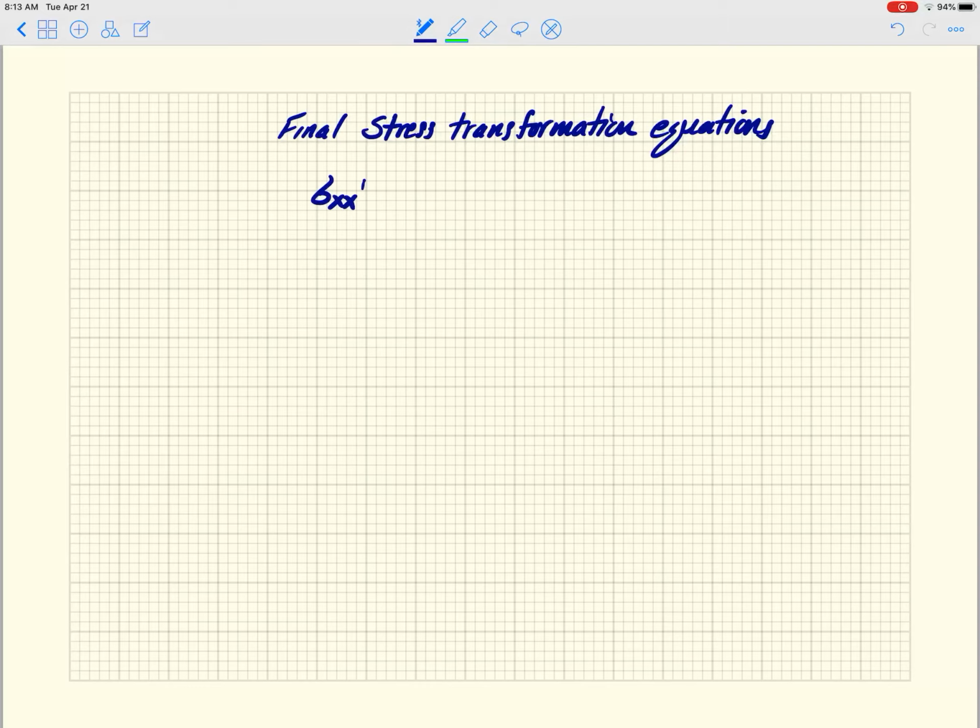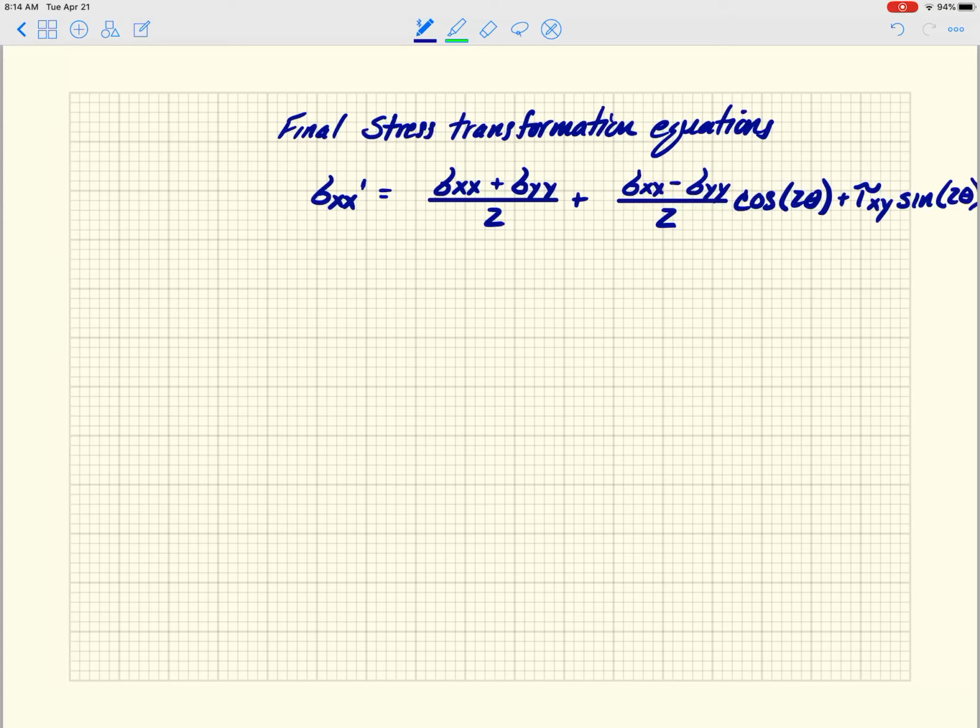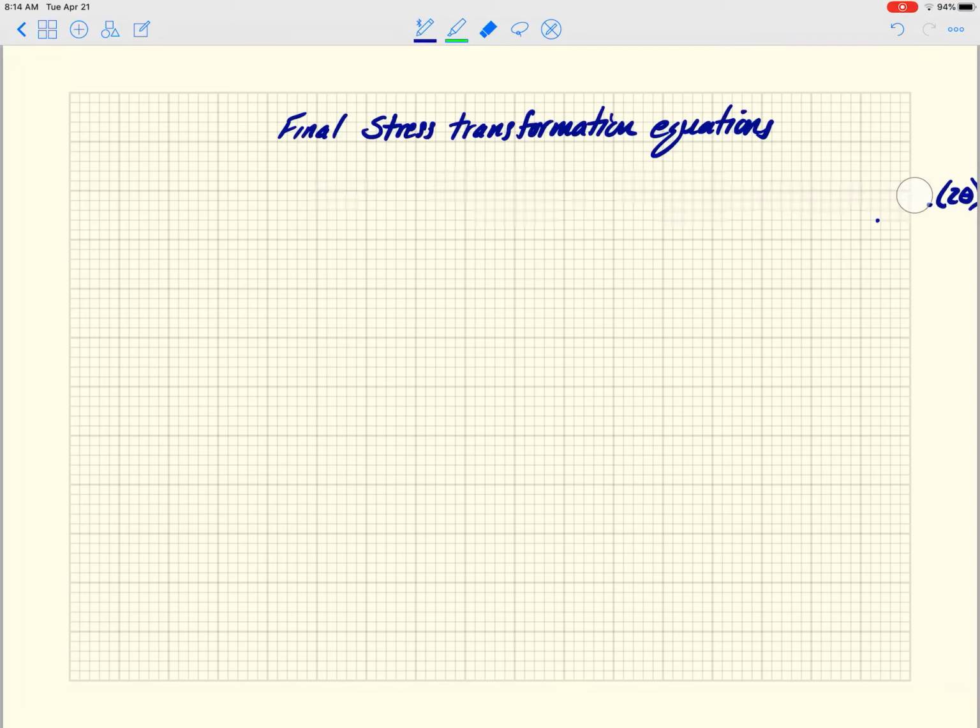They are that sigma xx prime equals sigma xx plus sigma yy divided by 2, plus sigma xx minus sigma yy divided by 2 times cosine 2 theta, plus tau xy times sine 2 theta. Sorry about this.